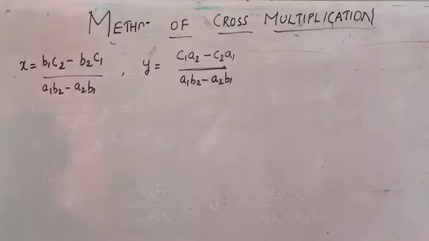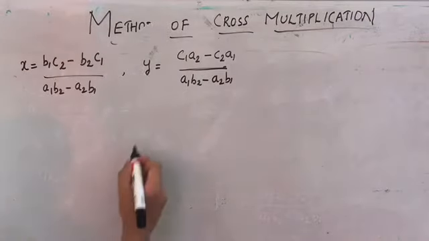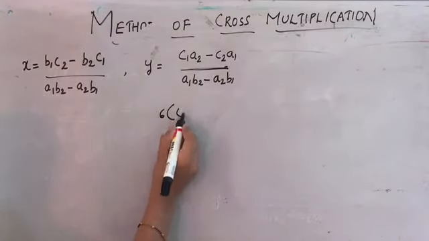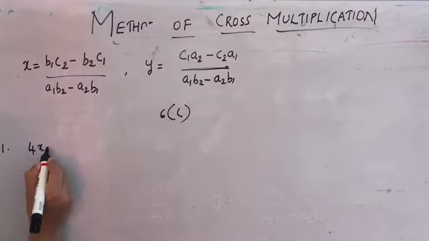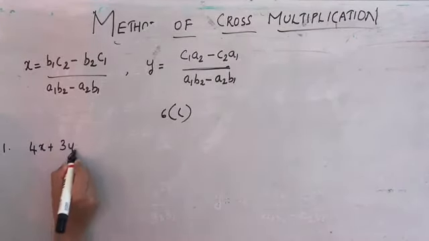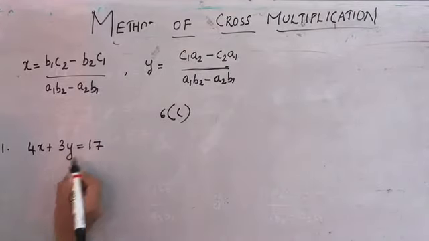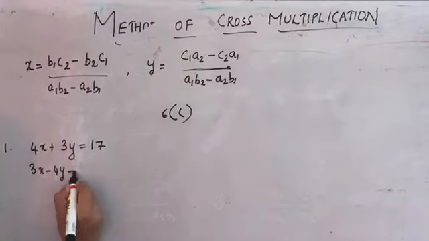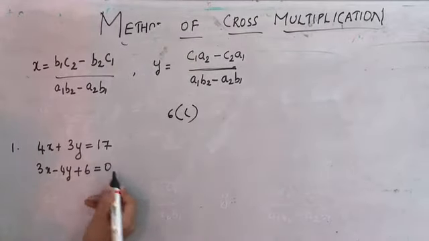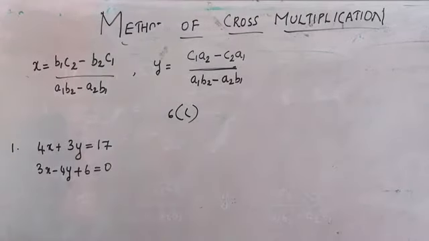So using this formula, let us start solving the problems. Okay, we will be doing exercise 6C now. First question, 4x plus 3y equals 17, 3x minus 4y plus 6 equals 0. So these are the two equations.